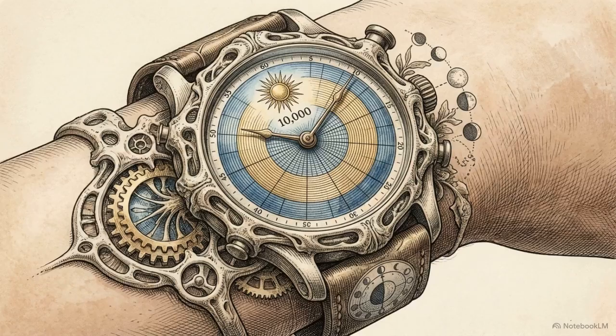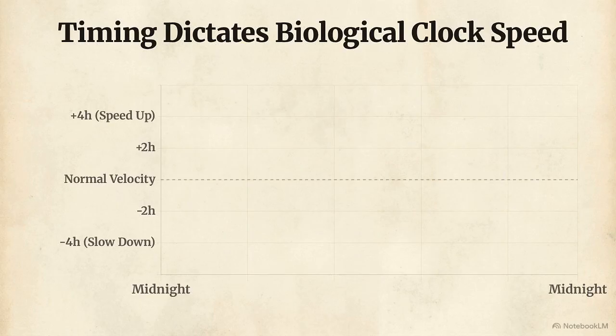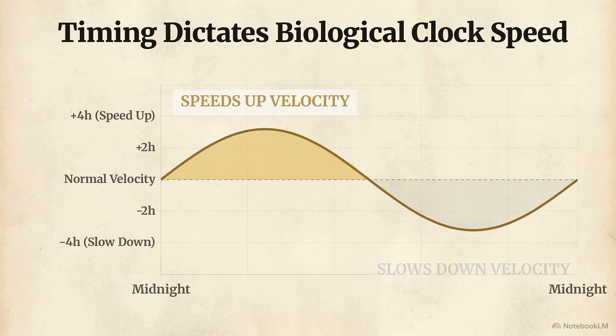Current consumer wearables track daily light volume, but measuring absolute lux is an inherently flawed way to predict sleep timing. This dynamic visualization charts light exposure against the pacemaker's phase response curve. It proves that the biological impact of light depends entirely on timing. Morning light speeds up the clock's velocity, while evening light actively slows it down.